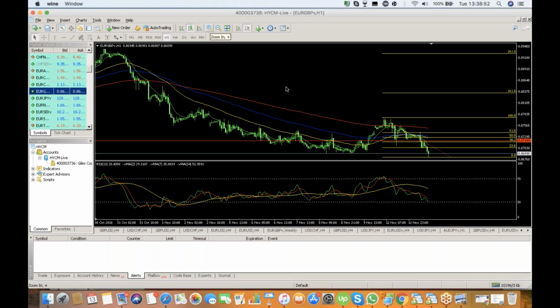We have a confluence of factors at the 50% Fibonacci retracement level, right at the same place as those 50 and 100 exponential moving averages. That is a potentially good place to sell from.